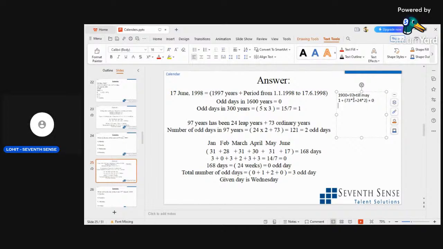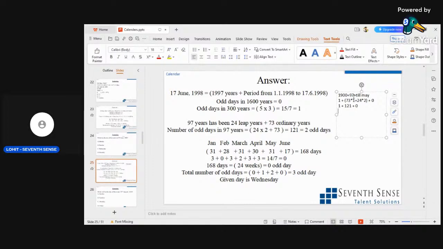What is the total of this? 73 plus 24 into 2, that is 48. 48 plus 73, anyone? I think no one is going to answer today. So 121 plus 0.